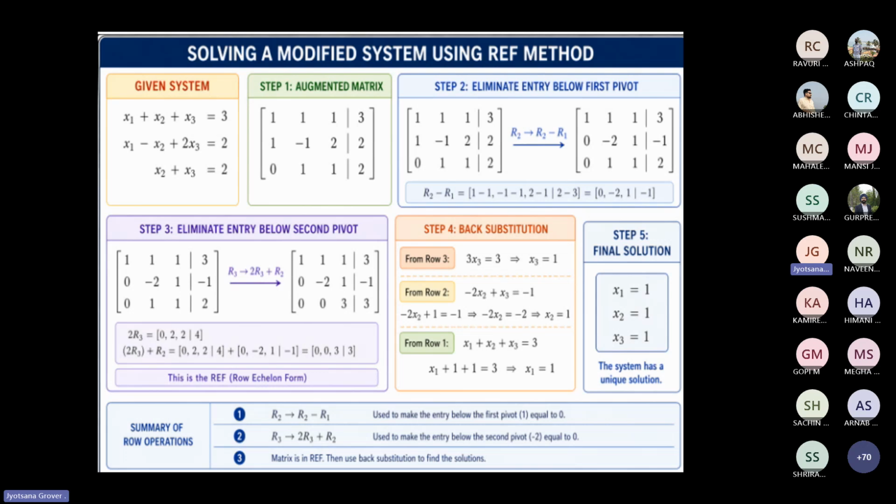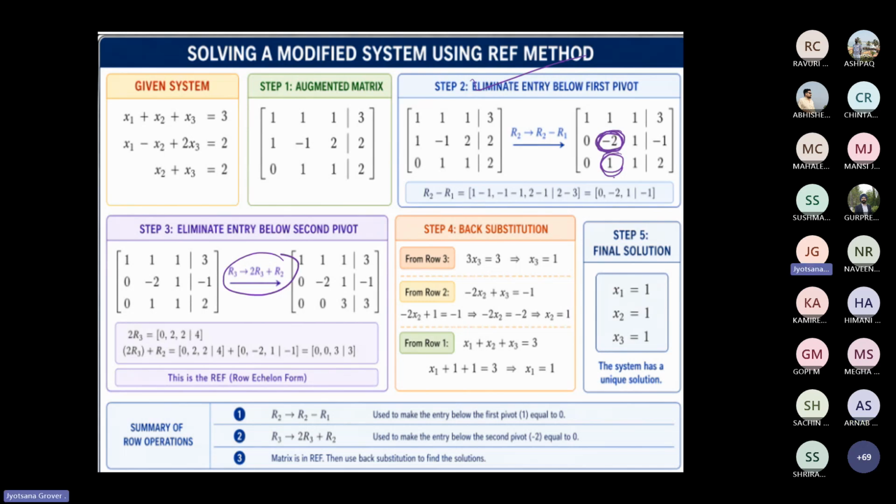Now step two we are done. Next, this is the pivot element, the leading element of the second row, and you have to convert this to 0. So what operation will you apply? R3 is 2R3 plus R2. Could I do R3 minus R1?